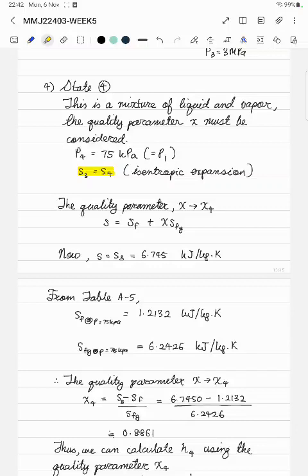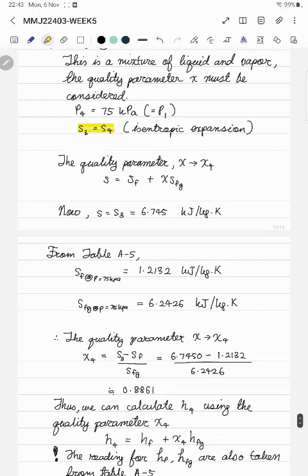So the reading for Sf at 75 kilopascal is 1.2132 kilojoule per kilogram Kelvin, and Sfg at 75 kilopascal is 6.2426 kilojoule per kilogram Kelvin. So we can deduce from that our x.